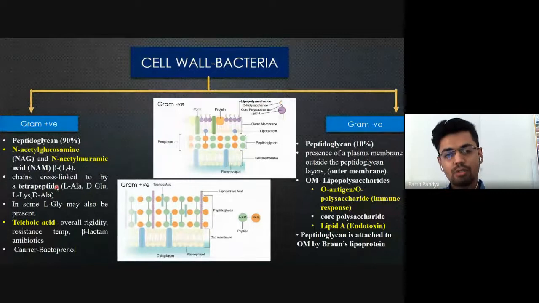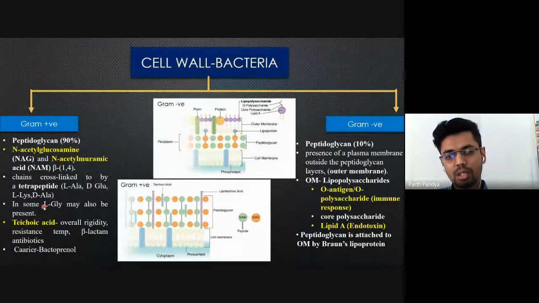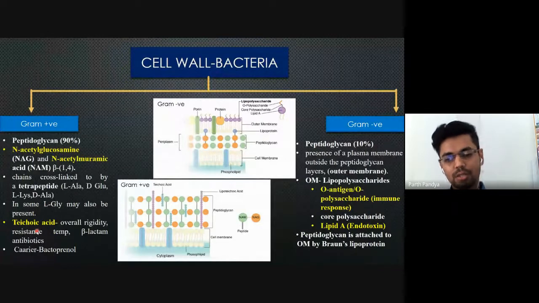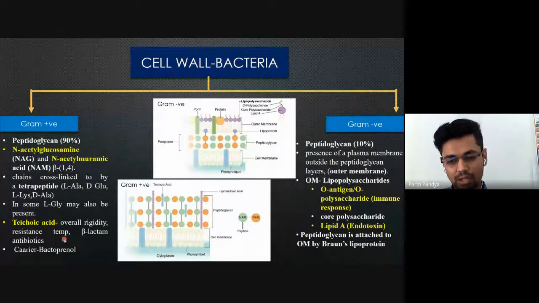In some cases, we can also find L-glycine instead of excess D-alanine. This is the structure which provides rigidity to gram-positive bacteria. One of the residues, called teichoic acid, is also present, which maintains the rigidity as well as resistance to temperature, and beta-lactam antibiotics are targeted with respect to the teichoic acid.